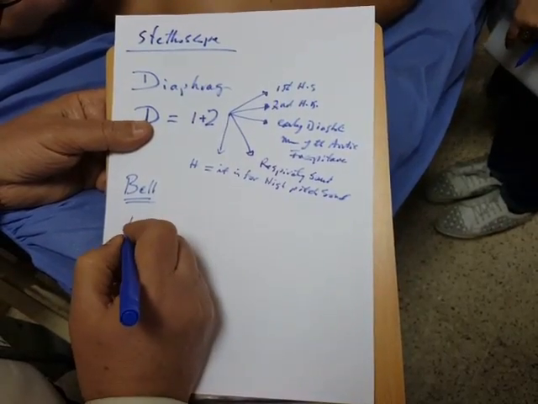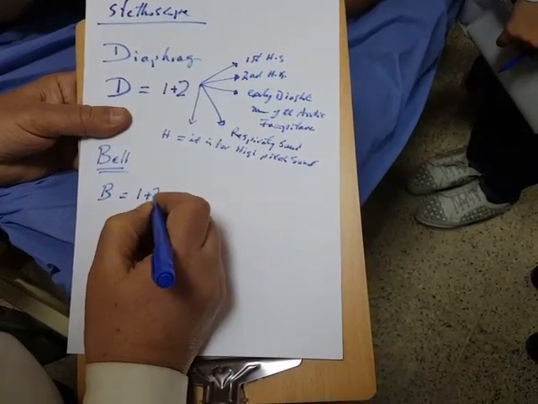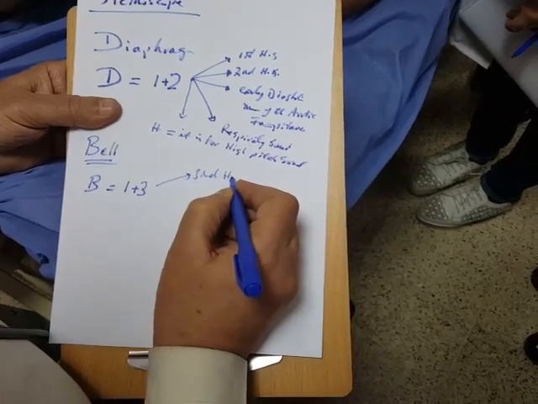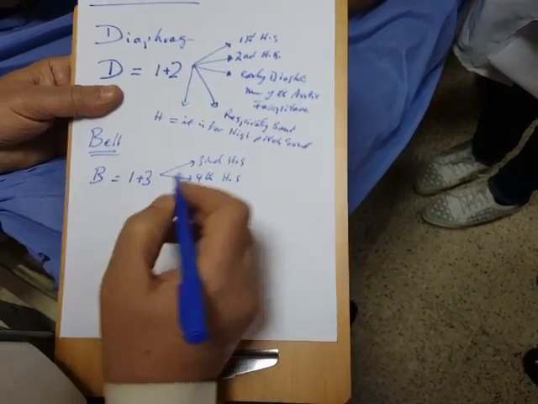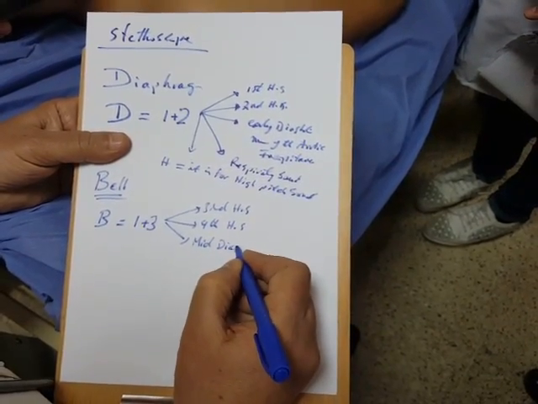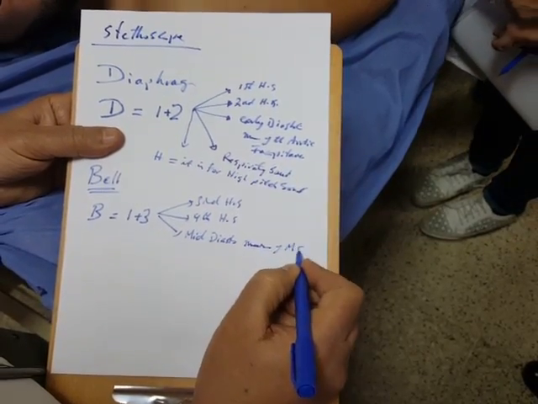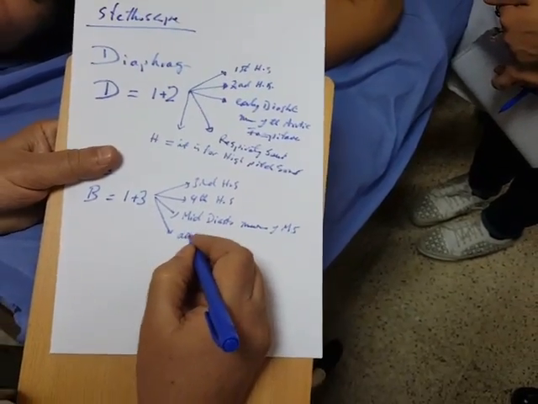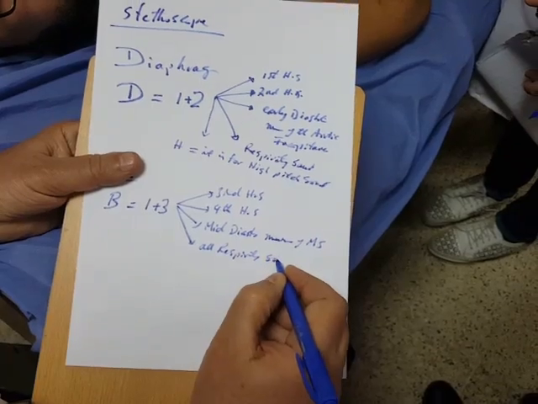While the bell is B, it is composed of 1 plus what? 3. Therefore, third heart sound, fourth heart sound, mid diastolic murmur of mitral stenosis, all respiratory sound.